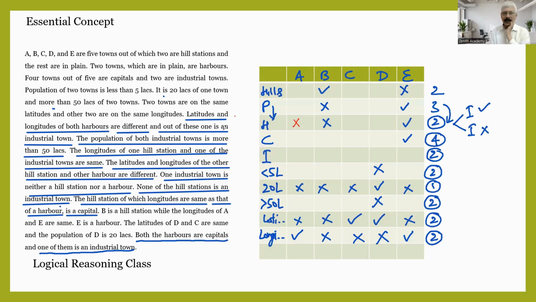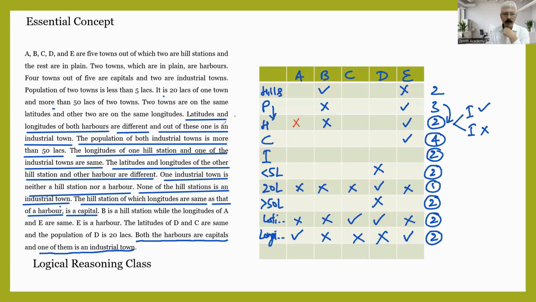Because if you take A as a harbor, then the longitude of A and E will be the same, and it is a condition that the latitude and longitude of both harbors are different. So here A cannot be a harbor.